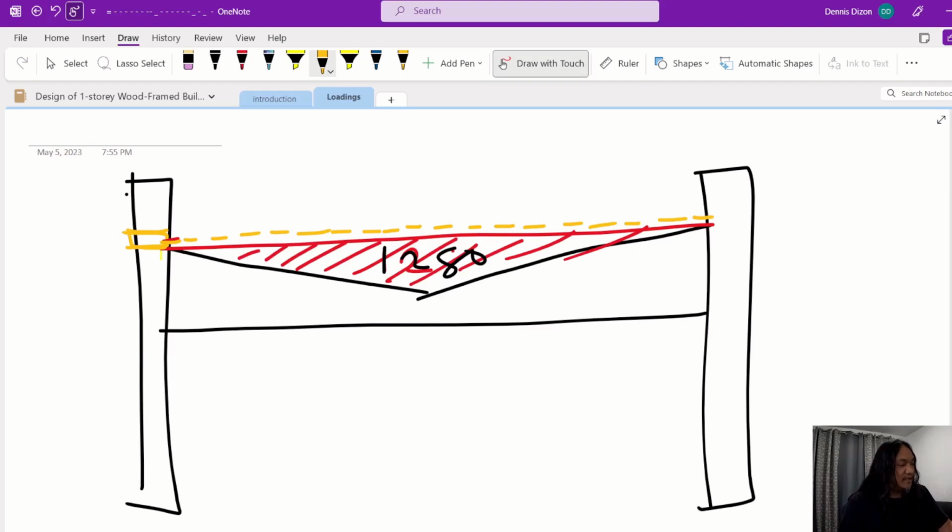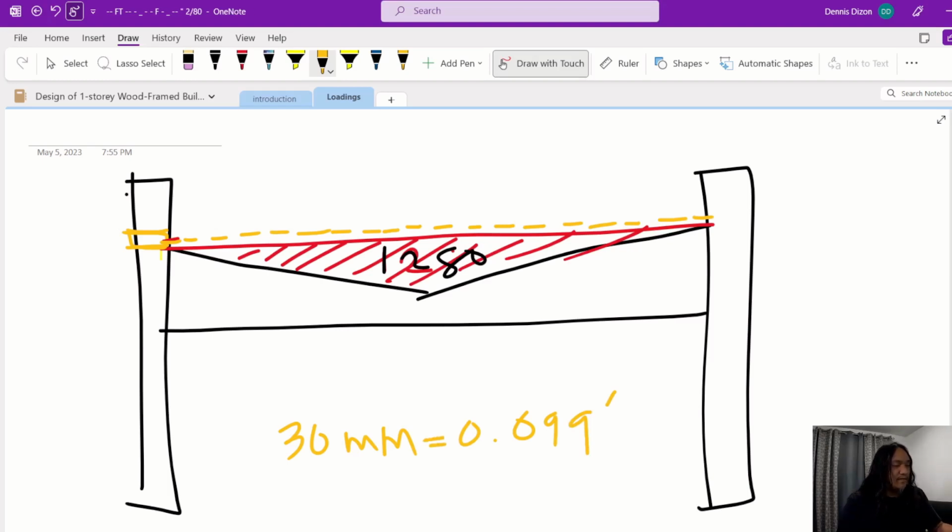So 30 millimeter, how much is that in inches? 30 divided by 25.4, and then in feet. 30 millimeter is equal to 0.099 feet.